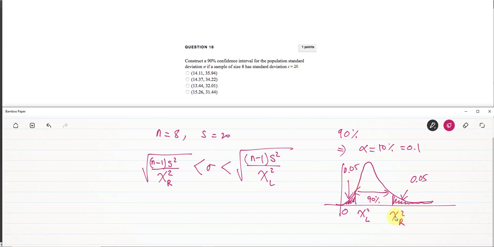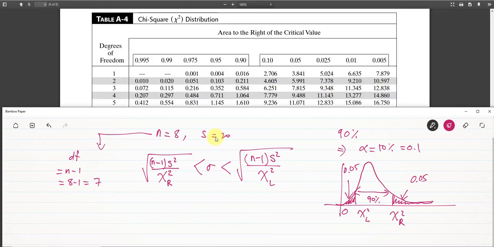So how do I figure out what is the chi-square of the right side of 0.05? Now remember n equals 8, that means your degree of freedom is n minus 1, or 8 minus 1, or 7. If you use the chi-square distribution table here, we can figure out the right tail of the chi-square given the area to the right of that is 0.05.